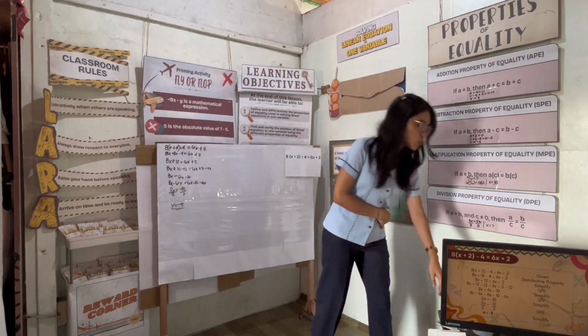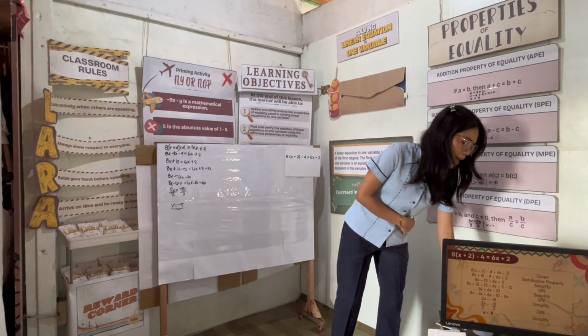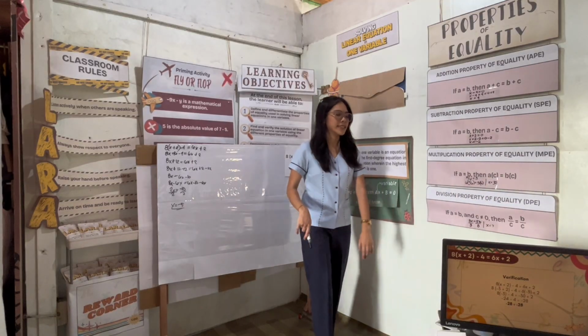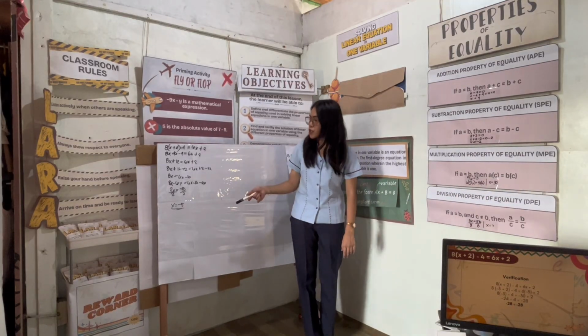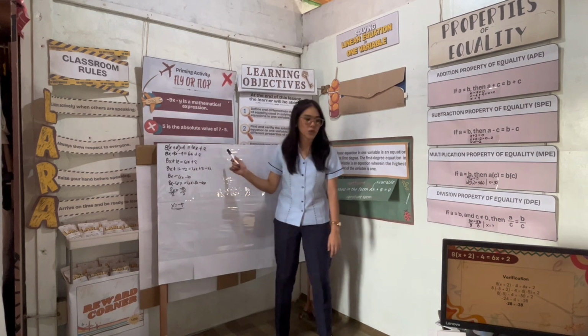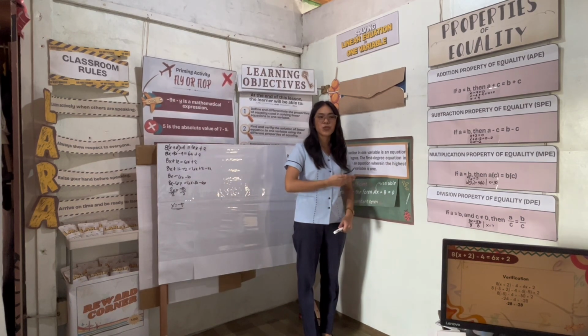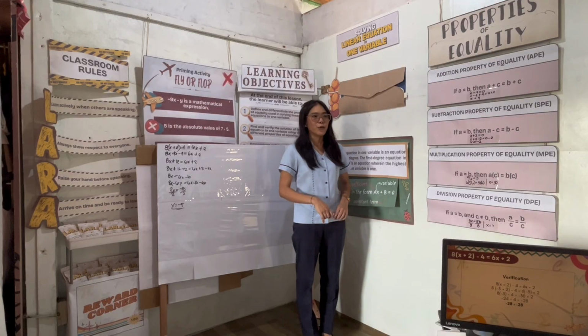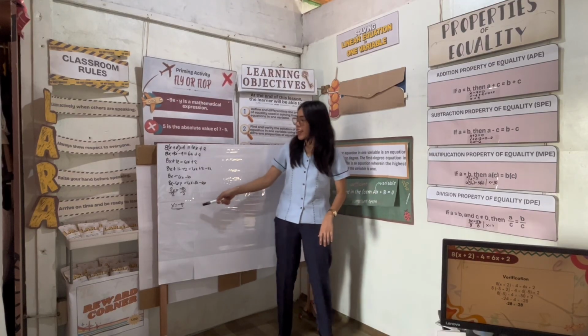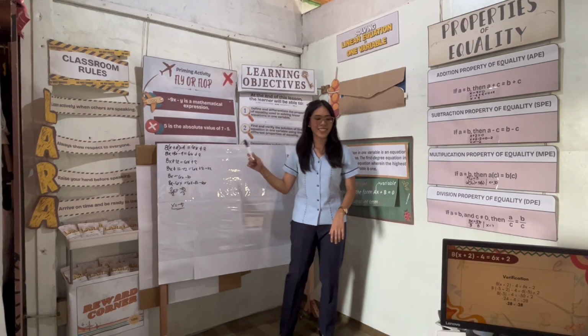Now let us verify it or substitute it back. There you go. By substituting the negative 5 in this equation, we will have a true statement of negative 28 is equal to negative 28. Therefore, negative 5 is the solution of this equation.